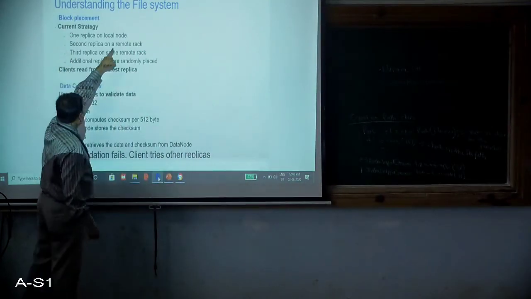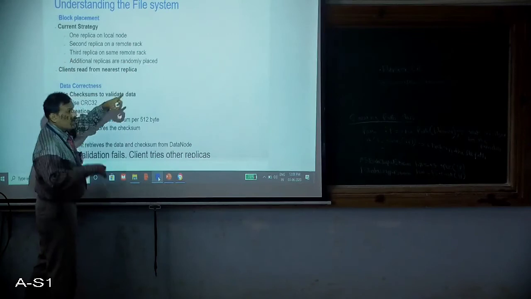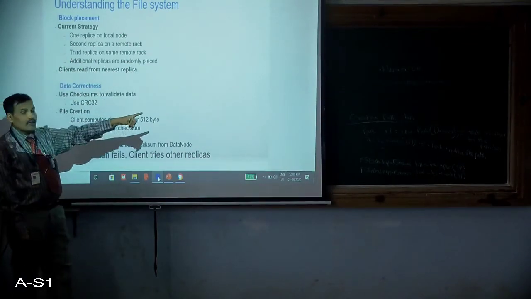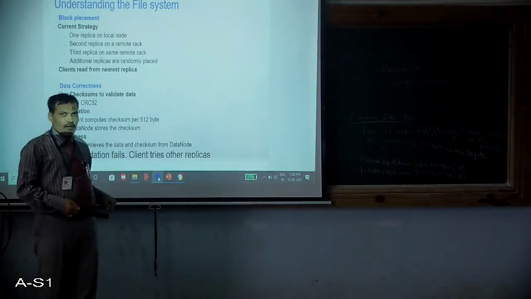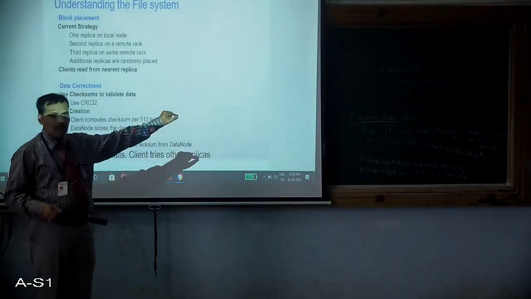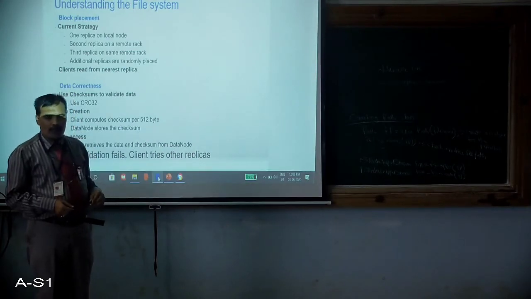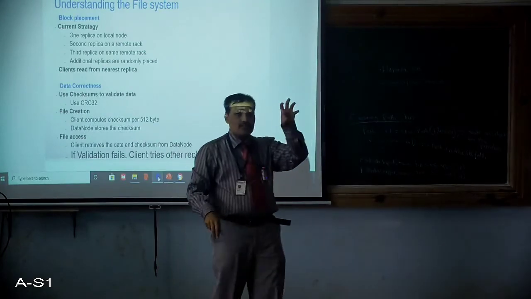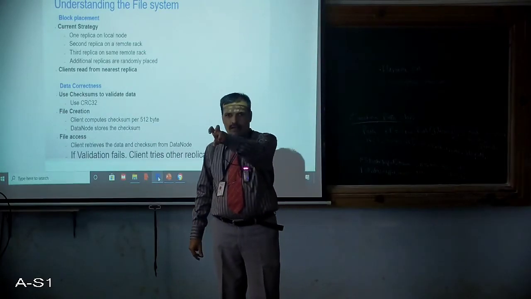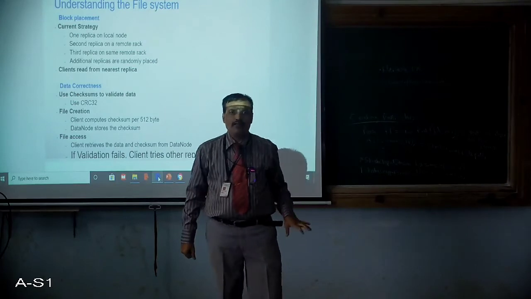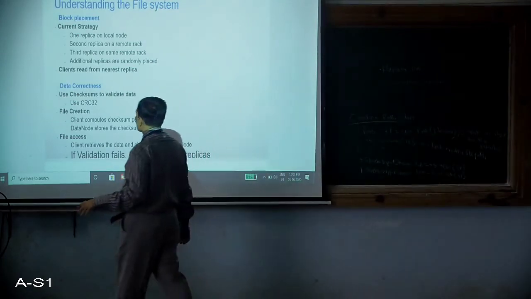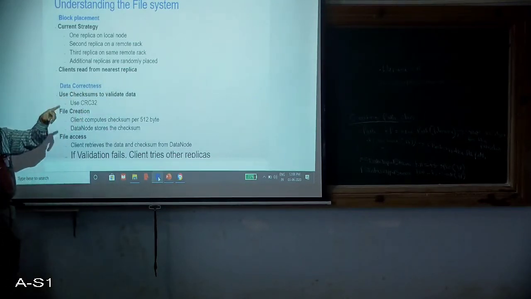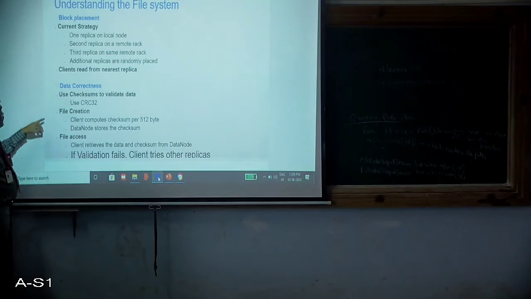So one replica on the local node, second replica on the remote rack, third replica on the same remote rack. Yesterday in one of the architectures I drew that figure on the blackboard, with A, B, C. There are different blocks or files stored in the same rack and also in data nodes of a different rack. The client reads from the nearest replica, meaning the nearest data node.